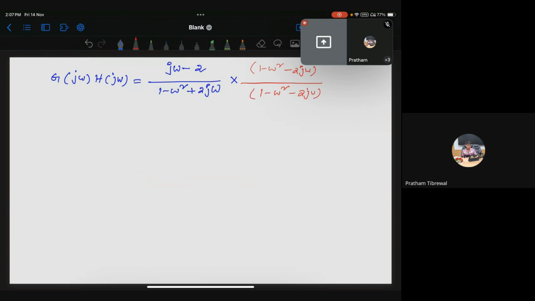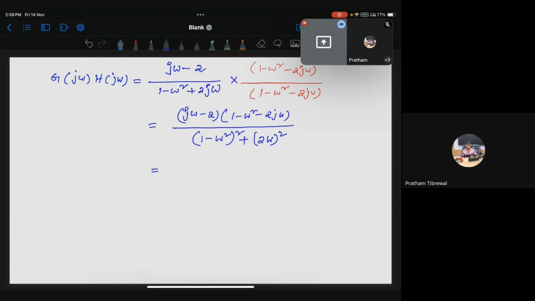So this would be (jω − 2)((1 − ω²) − 2jω) divided by (1 − ω²)² + (2ω)², correct?